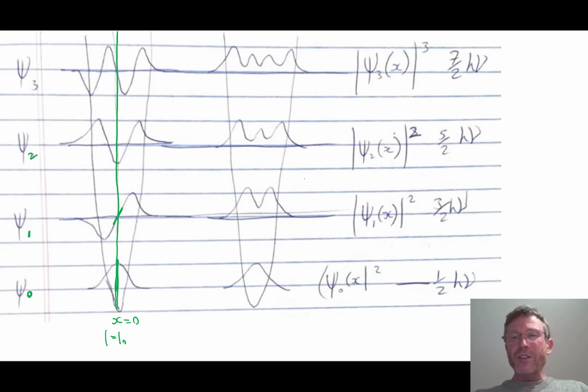So what else do we have in here? We've got the eigenvalues. Remember, the zero point energy is half h nu, and then we step up in steps of h nu. So we go to 3 halves h nu, 5 halves h nu, 7 halves h nu, and that's for the wave function psi sub 3.